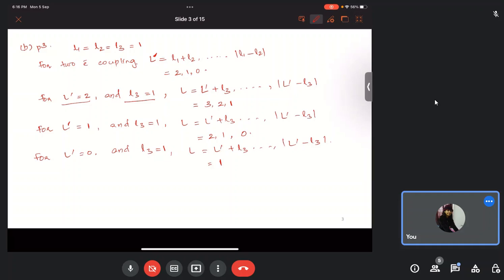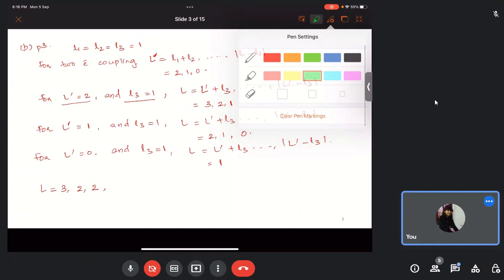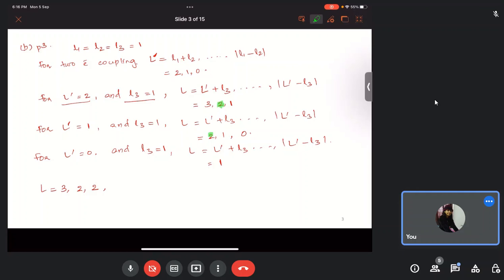So for this particular system, the term symbols that can come up will be 3, 2, 1 from L prime 2, 2, 1, 0 from L prime 1, and 1 from L prime 0. The 3 comes from L prime 2 and L3 1.